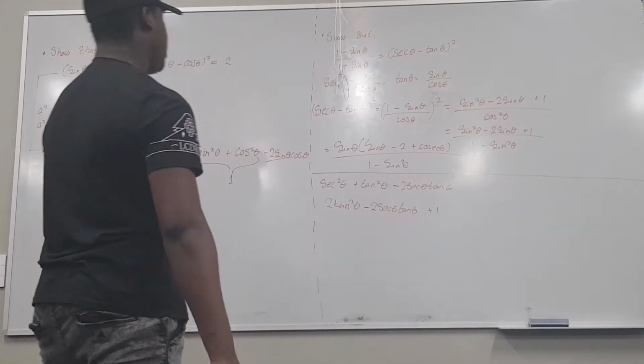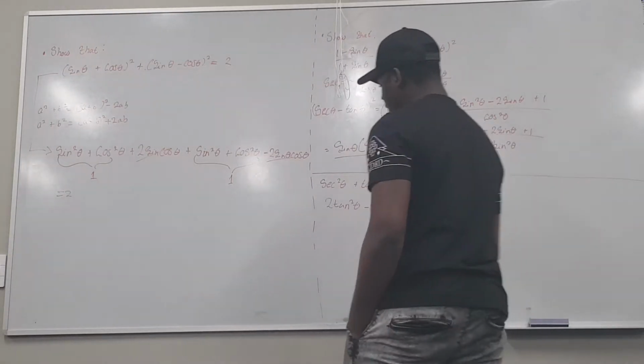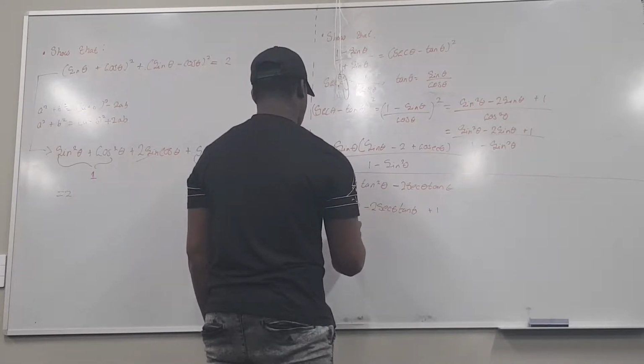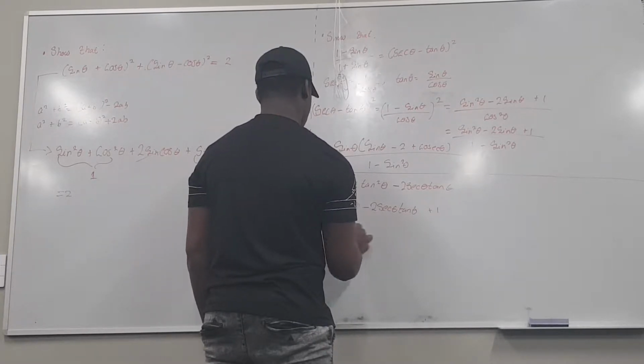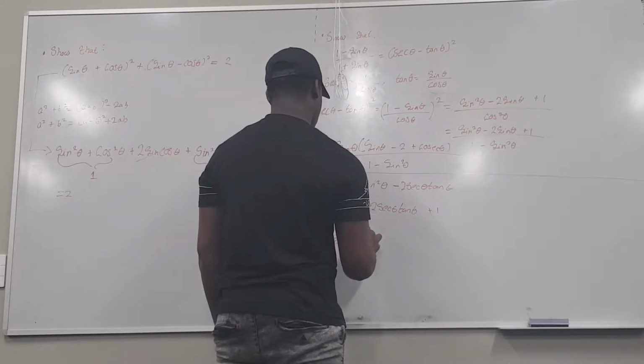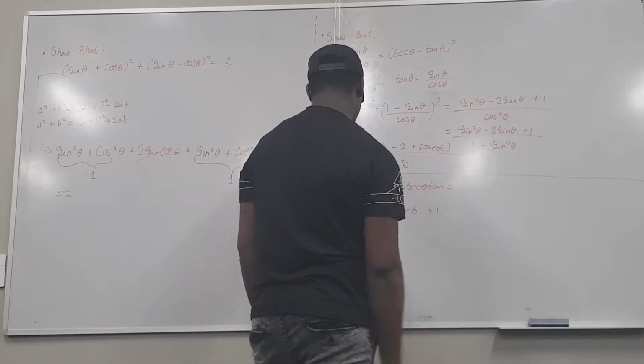And if we want everything in terms of sine, we have 2 sine squared theta over cosine squared theta. We're still not going to get anything.